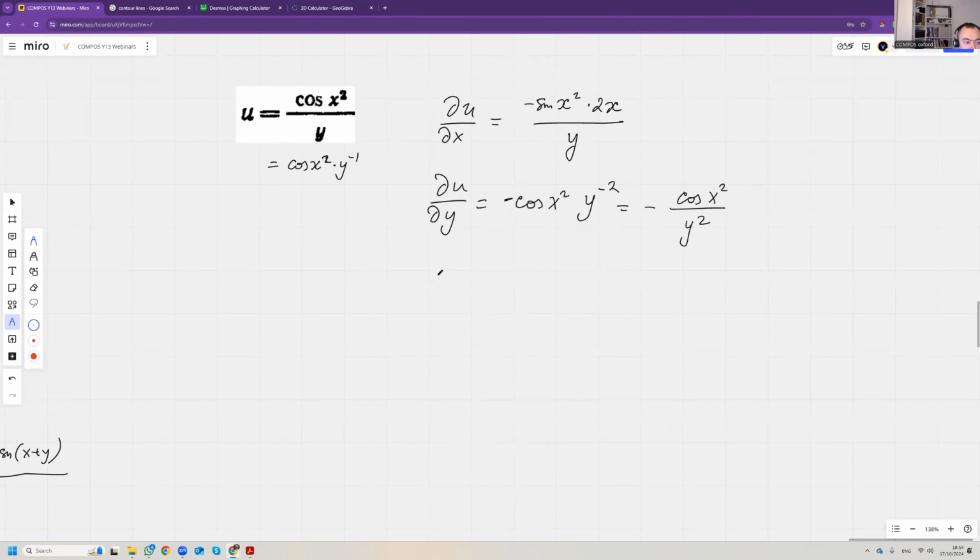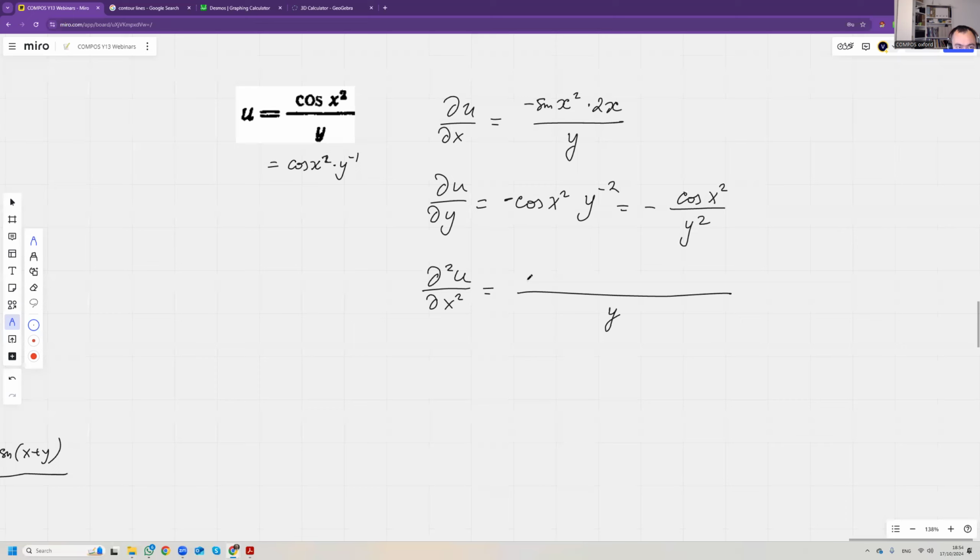Now if you want to find the second derivative, ∂²u/∂x², differentiate that with respect to x. y is still a constant, so we don't touch it. We differentiate the top.